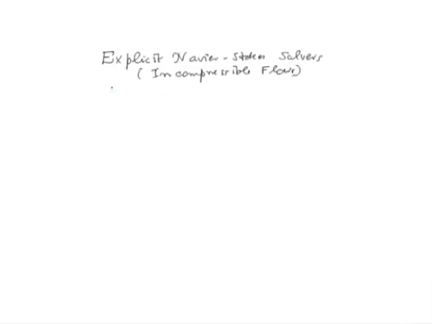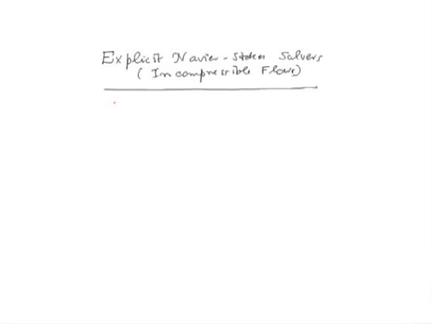So, here most of the time you would be solving only the momentum equation, not the energy equation. The continuity equation would be used only as a kinematic constraint. So, our primary focus would be on the solution of the momentum equations.